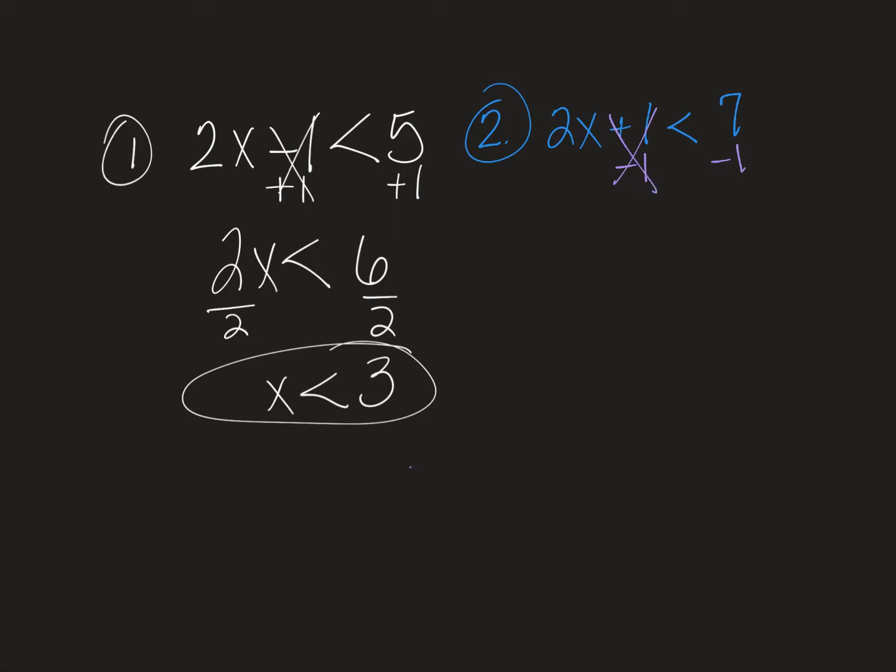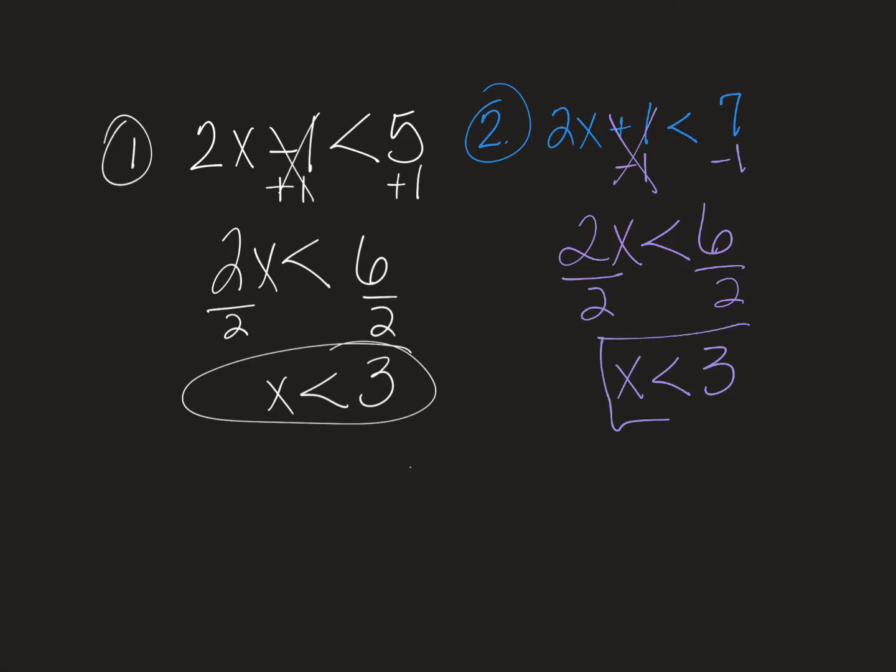Now, you do not flip the sign here because you're just subtracting. 2x is less than 7 minus 1, which is 6. Then I'm going to divide both sides by 2. x is less than 3. And that is your final answer on number 2.